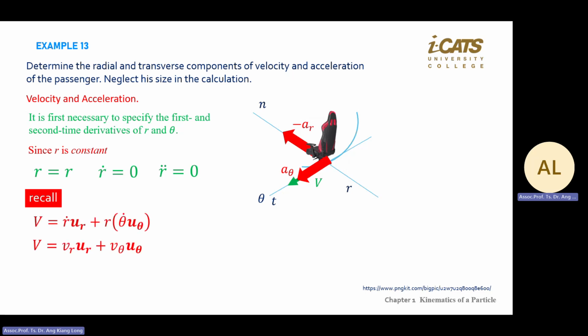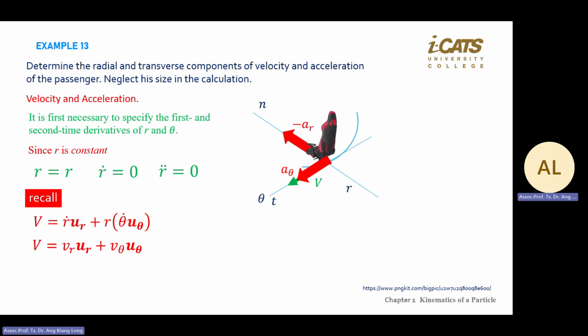So recall the slide that I showed you just now. You call out the V equation. If this question comes out, it's going to be given to you in the appendix page. So you just need to use this equation. Substitute the values only. R dot, from here, you're given the R equation.